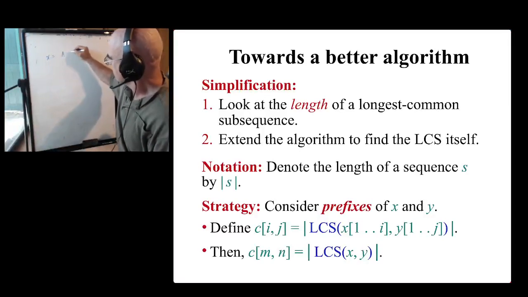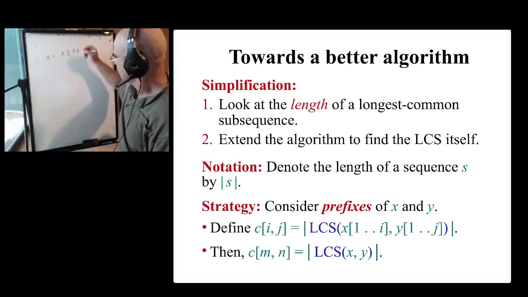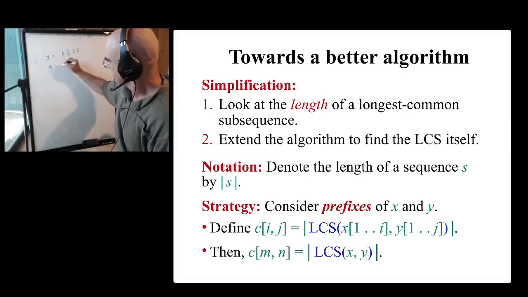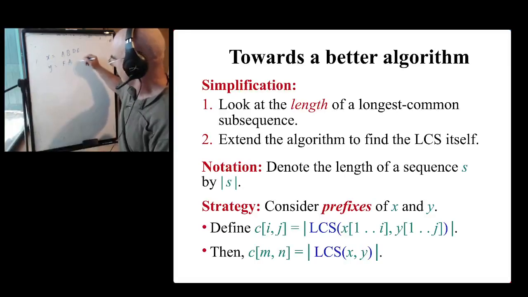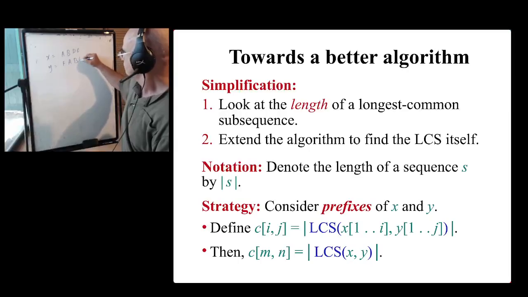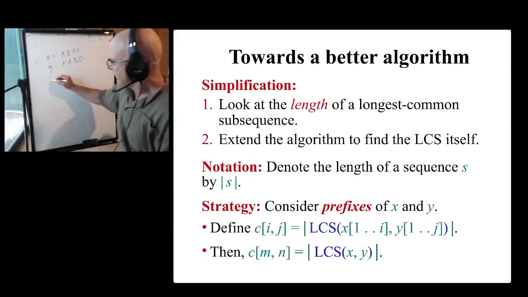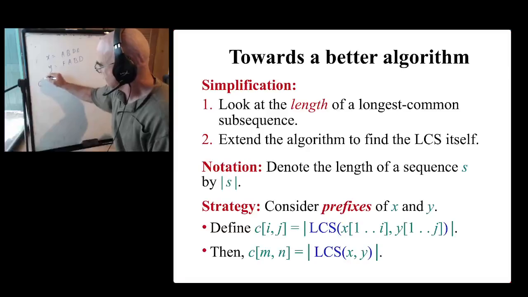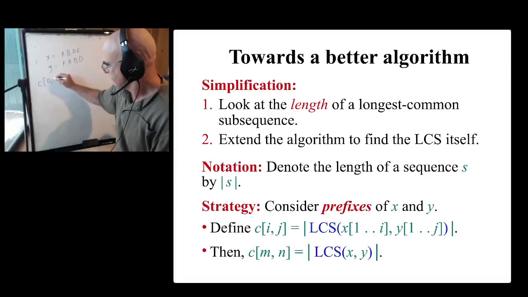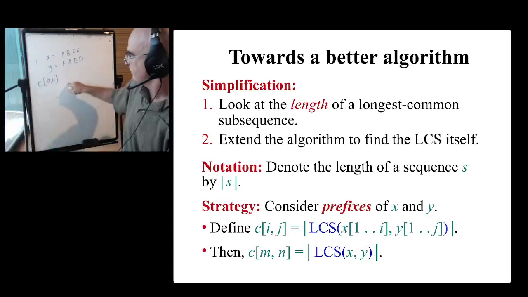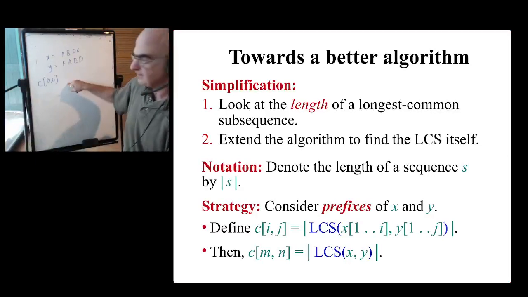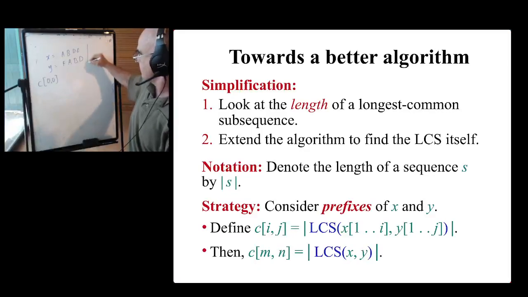X equals A, B, A, D, E, and Y equals F, A, B, D. And tell me, please, let's compute what C of 0,0 is. C of 0,0, based on the definition, I need to compute what x of 1 dot dot 0 is.